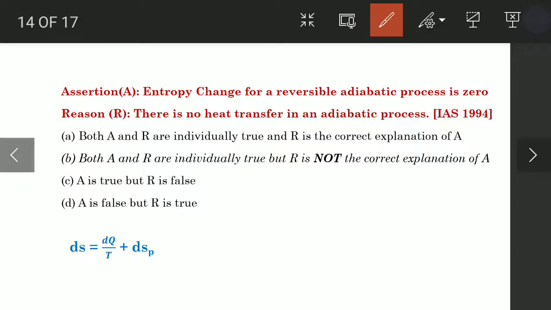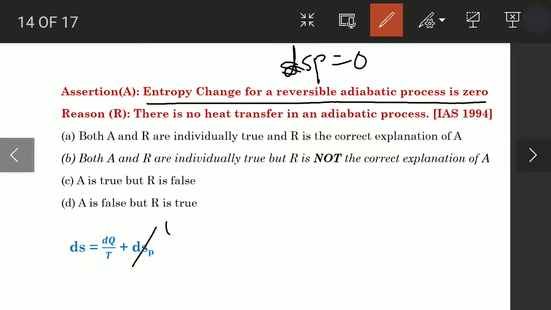Now first question, entropy change for a reversible adiabatic process is 0. Reversible process, yes, dS_p is 0. Adiabatic process Q is 0. Then the process is isentropic. True. Entropy change for a reversible adiabatic process is 0.